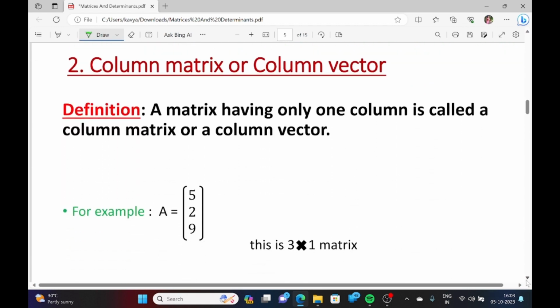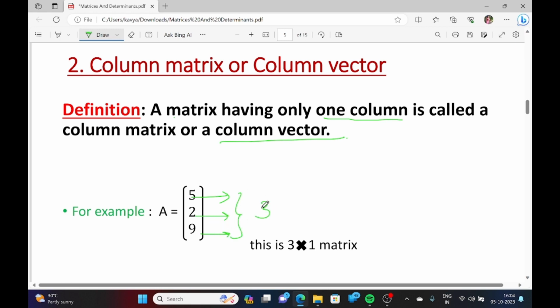Next, column matrix. Same as row matrix, the slight change is it should have only one column. As the name suggests, a column matrix is a matrix having only one column, called a column matrix or column vector. Here how many rows do we have?